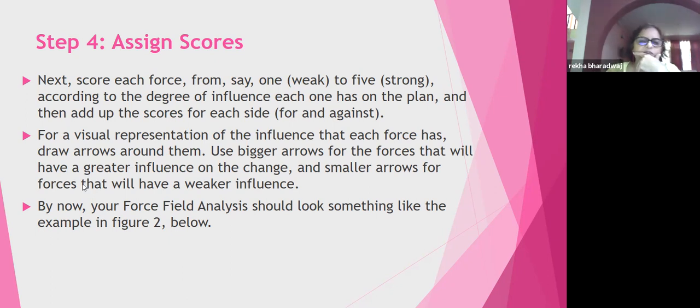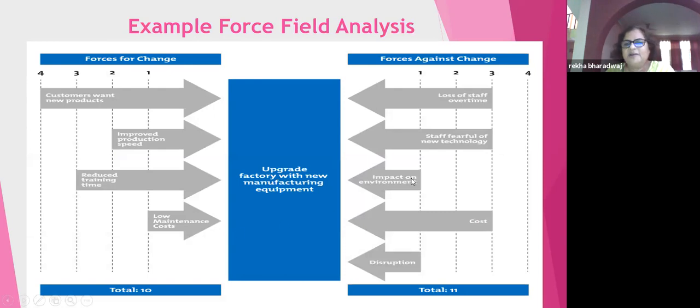And for a visual representation of the influence that each force has, draw arrows around them. Use bigger arrows for forces that will have a greater influence on the change, and smaller arrows for forces that will have a weaker influence. And then you can have something like this.